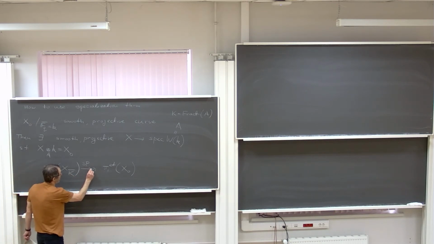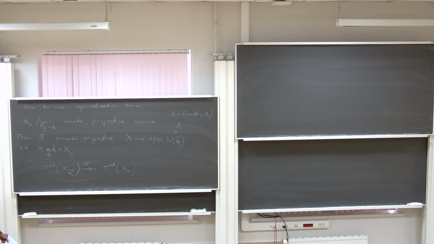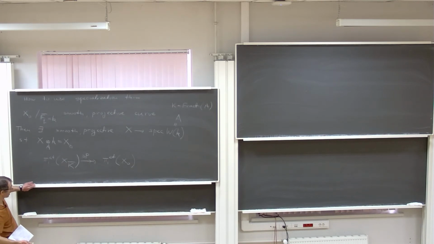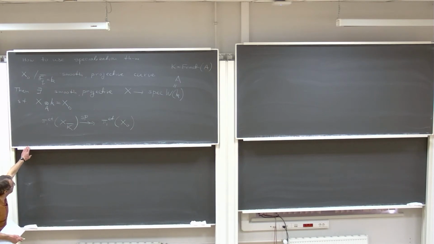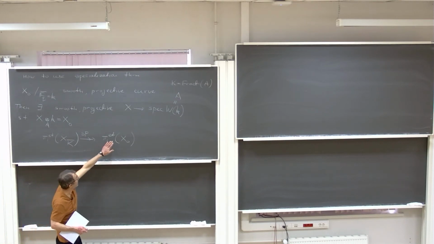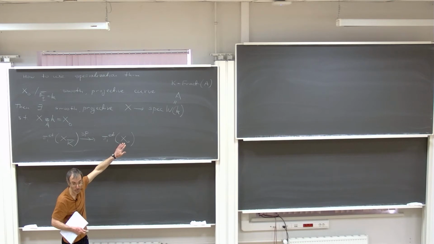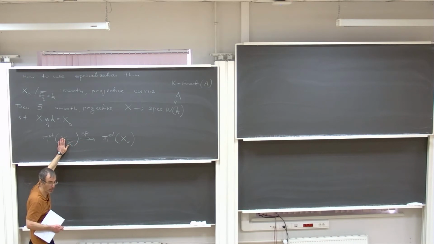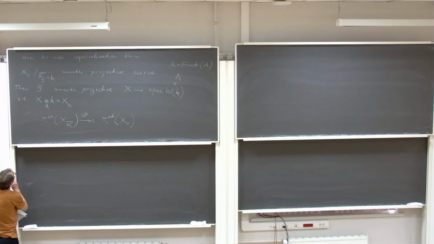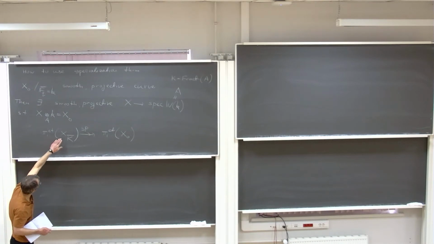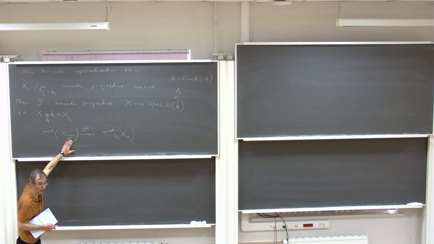And we know that this homomorphism is surjective. And so this is the fundamental group of a curve over an algebraically closed field of characteristic p. That's what you want to compute. And this group is what we know. So, well, how do we know this? It's a curve over an algebraically closed field of characteristic 0.